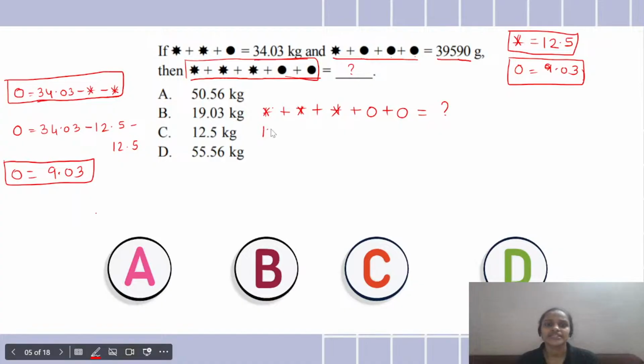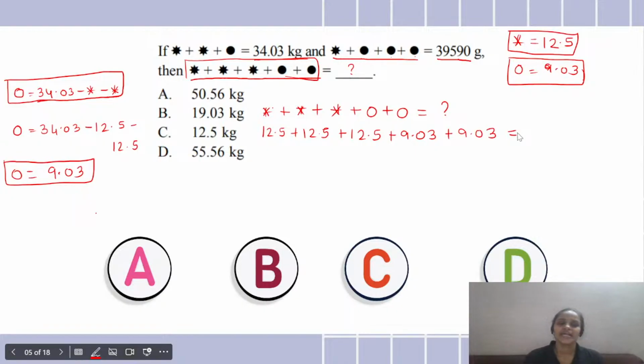So I'm going to replace 12.5 plus 12.5 plus 12.5 plus 9.03 plus 9.03 equals to, now it's easy to find out.